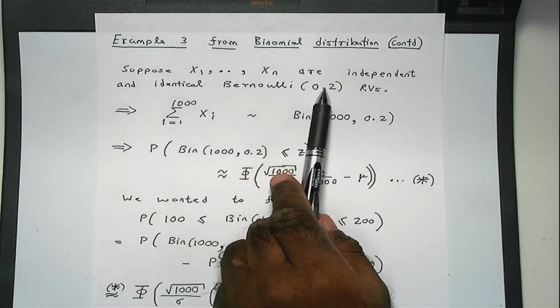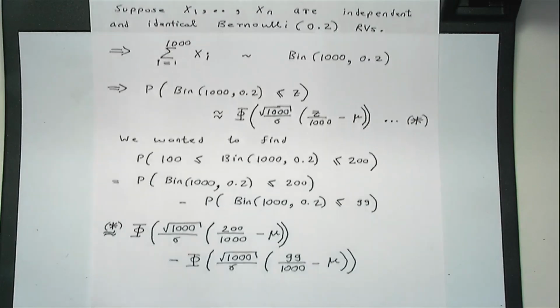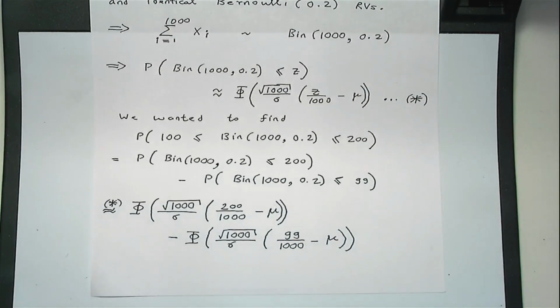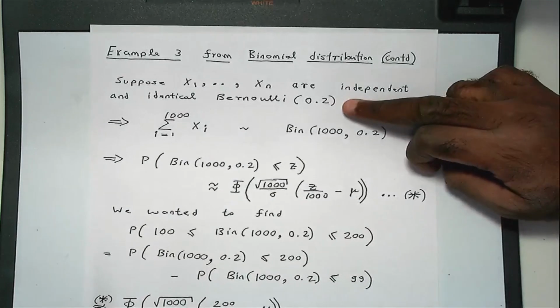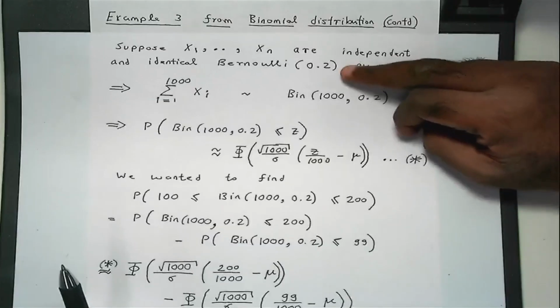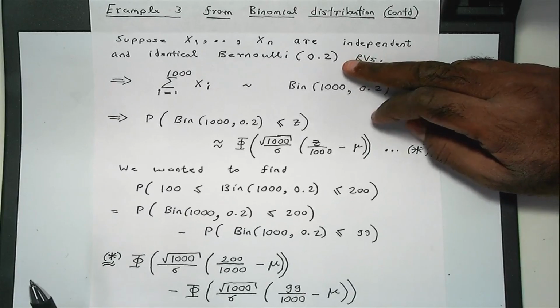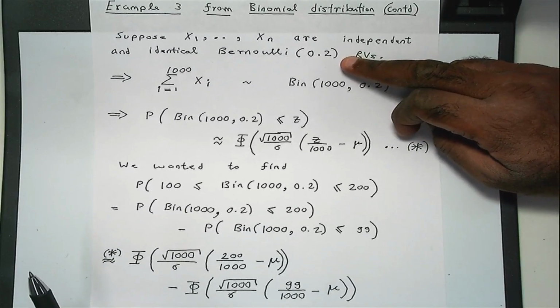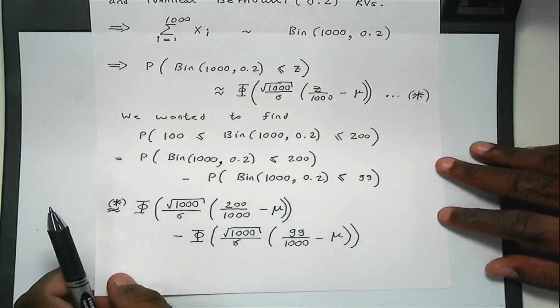So basically the population mean is the mean of a Bernoulli variable with parameter 0.2, and sigma is the standard deviation of a Bernoulli variable with parameter 0.2. So that's what I'm going to do now.